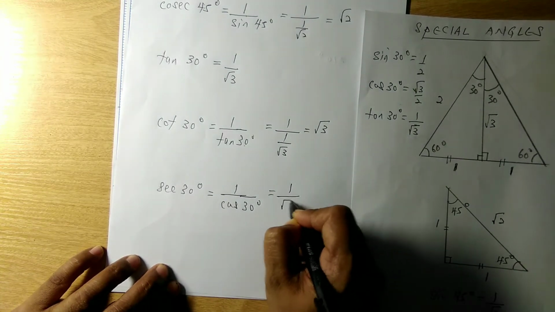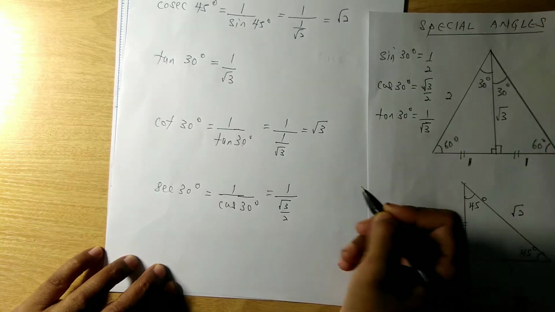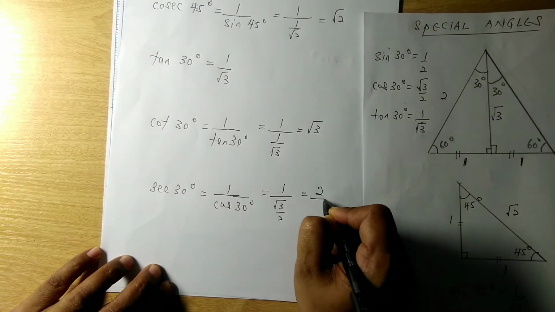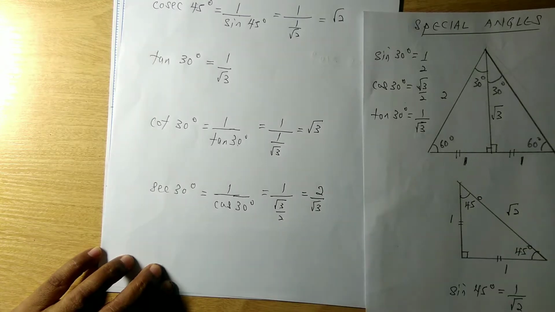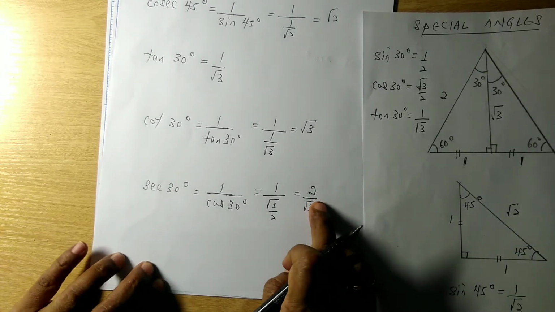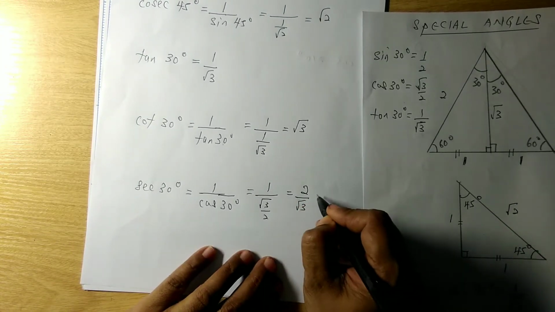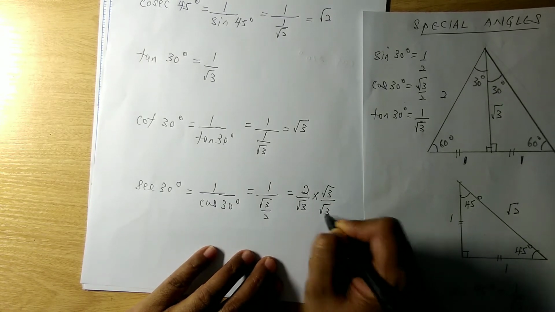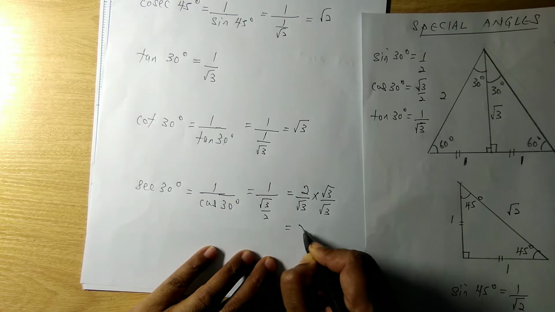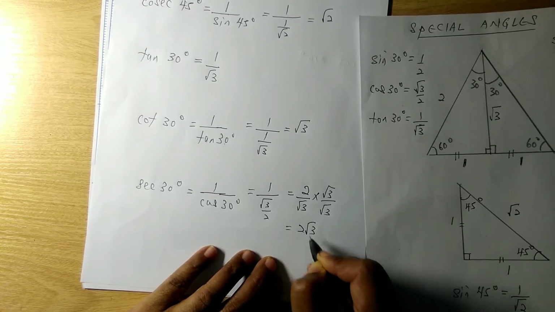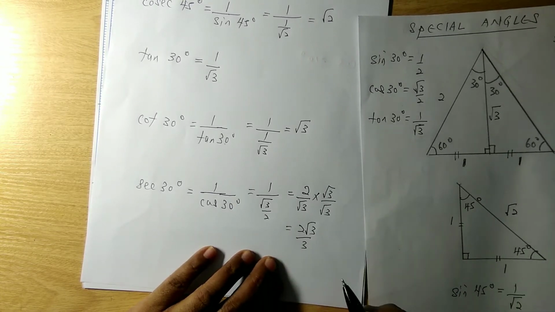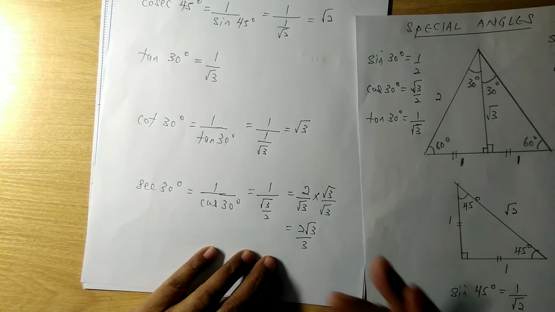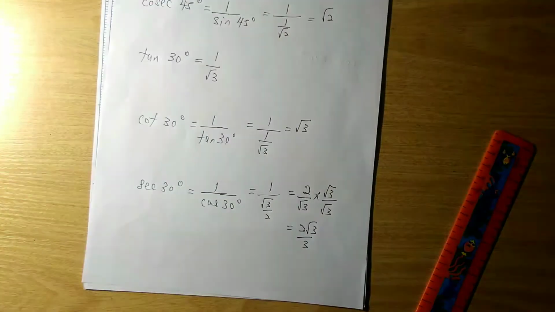So when you change this, this becomes 2 over square root of 3. Because you cannot leave your answers like this. So what we do is we multiply this by square root of 3, by square root of 3. So we get 2 square root of 3 over 3. Okay. So this is, let's say we were to ask to calculate without using calculators.